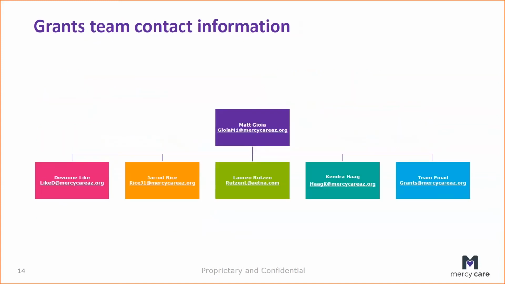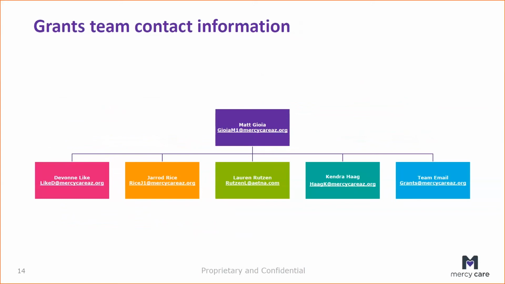All right, so our grants team contact information. Matt Joya is our clinical operations admin, and I know he is online, so if I said that incorrectly, Matt, I do apologize. Matt actually oversees the grants. He is the main guy for our grants for Mercy Care.